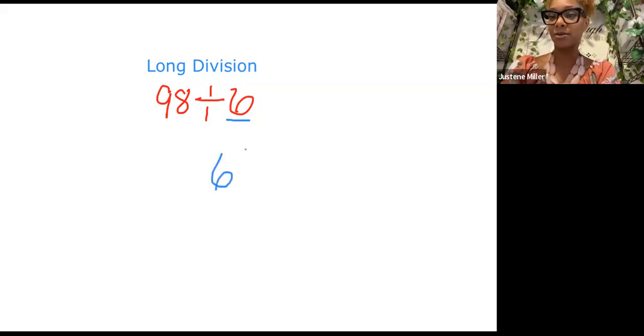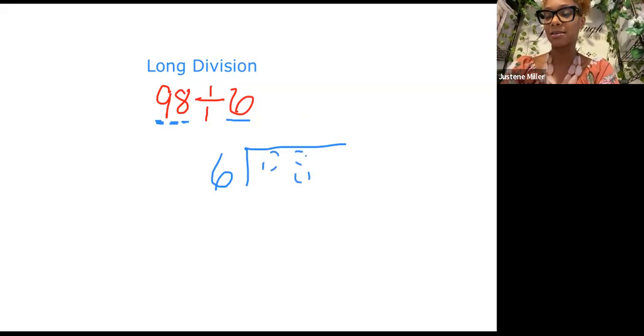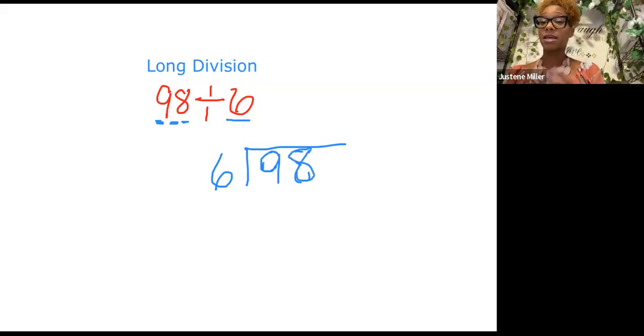And then we draw our house. And then our dividend, or our total, is going to go inside the house. So we're going to put 98 inside the house.